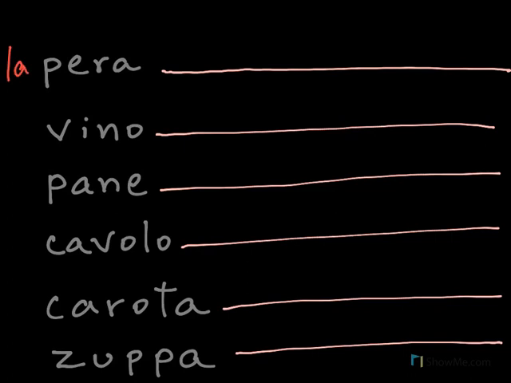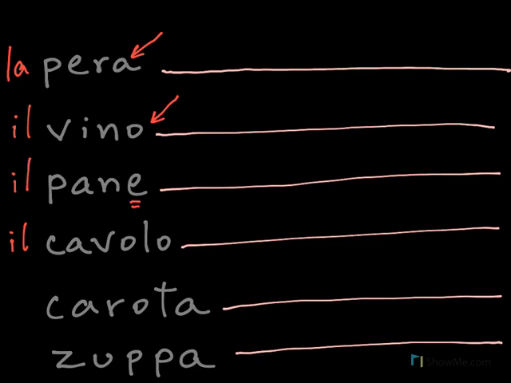La pera would be, because pera ends on a, most likely it is feminine and it is correct. Il vino will be, because vino ends on o, most likely it is masculine and it is correct. Il pane could be either way, but you checked and you know that e is not as clear as the other ones.